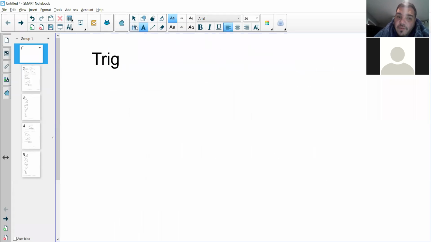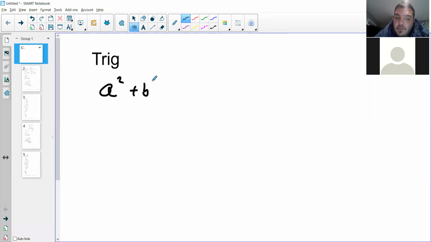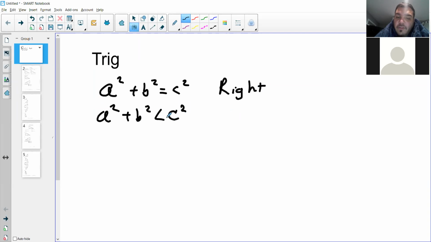Now I'm going to refer to some stuff that we talked about in the past, particularly the Pythagorean theorem. We learned from the previous section, a squared plus b squared equals c squared. That means it would be a right triangle. If you had a squared plus b squared being smaller than c squared, so c squared is bigger, that would be obtuse.